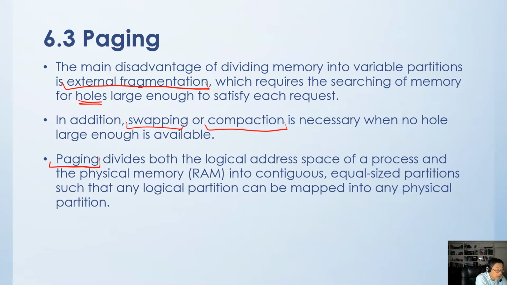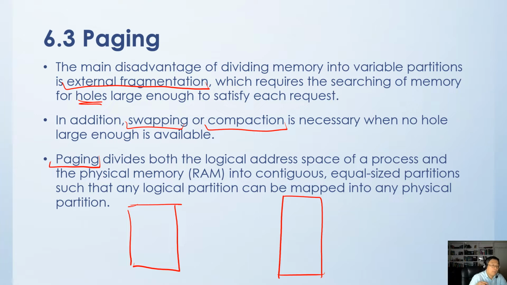Paging divides both the logical address space and the physical address space. Remember, we have a logical address space before we load the computer program into memory, and then we have the physical address space, right? So paging divides both the logical address space of a process and the physical memory into contiguous equal-sized partitions.